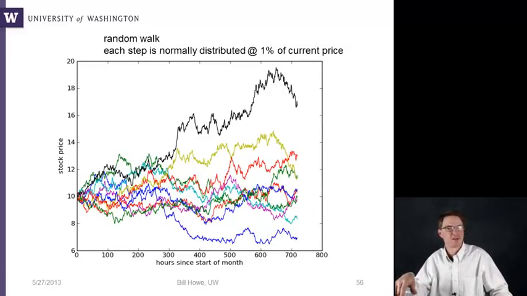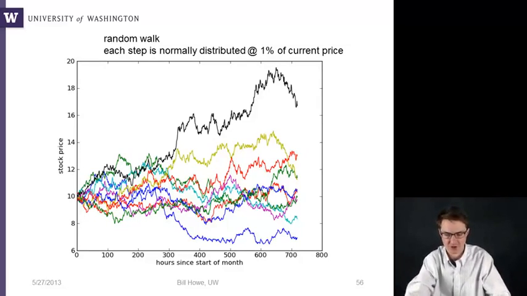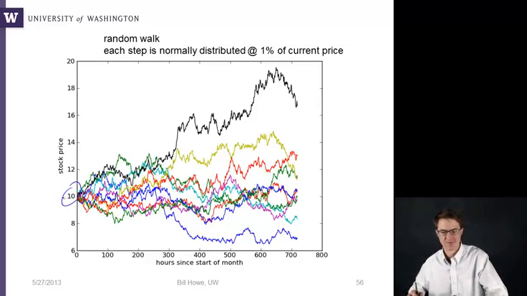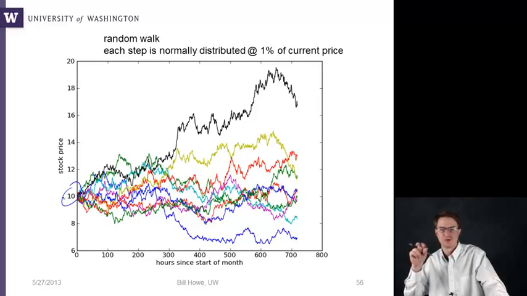Well, I generated this plot by running random walks for stock prices that start at $10. They all start at the same point, and at each step, which is an hour of simulated time, draw a sample from a normal distribution where the mean is the current stock price and the standard deviation is 1% of that current stock price.